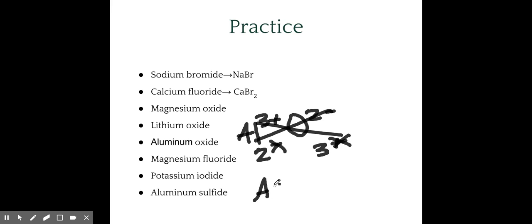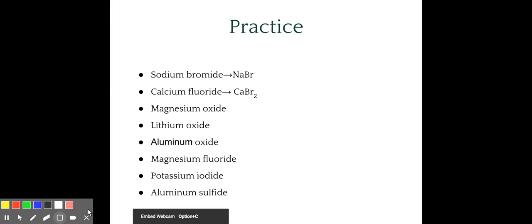So that becomes Al2O3. And how can we make sure that this equals 0? Well, remember you balance out your oxygens and your aluminums so that you have 6 positive, 6 negative, which will equal 0.